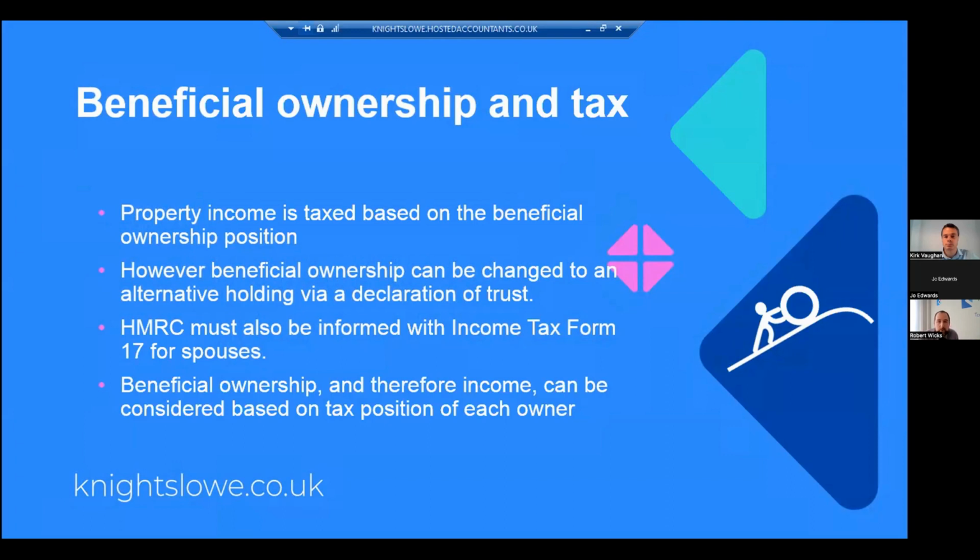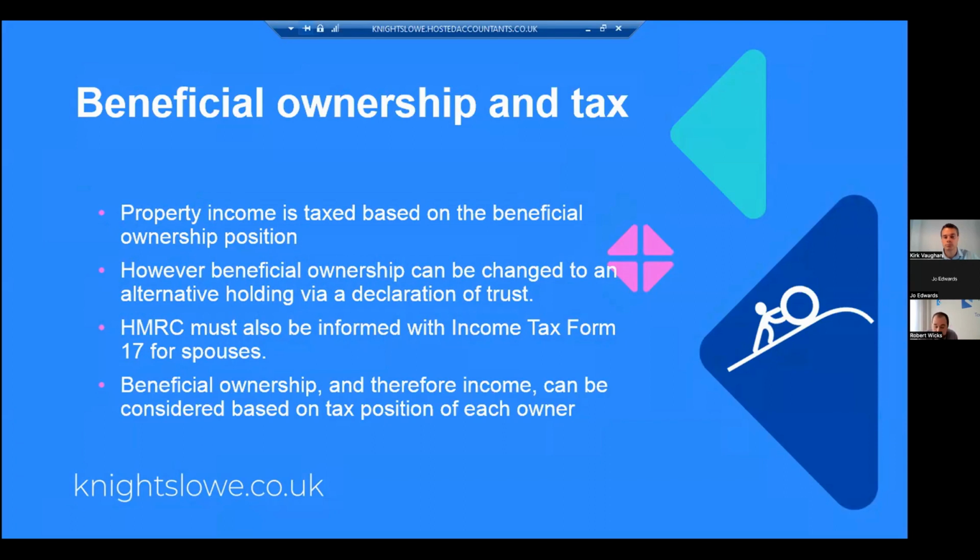There's a form called Income Tax Form 17, which you need to complete and send off to the revenue at the same time as doing that declaration of trust. The idea, of course, is to work out your ideal split in advance, so that you're aware of how you would like your income to fall.